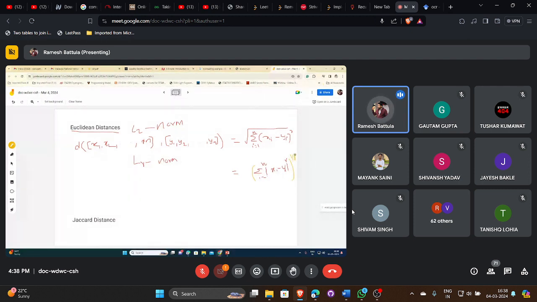This r is a constant value. You can use any value over here. But whenever it is L1, we call it the Manhattan distance.